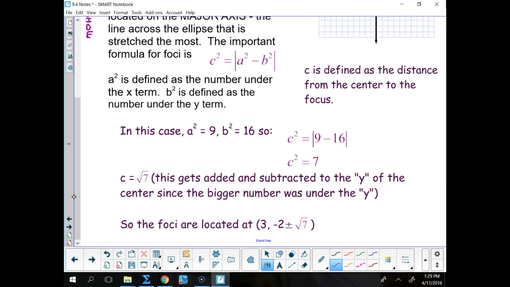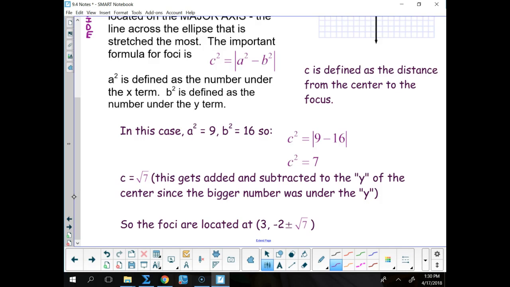Okay? That's where the two foci are located. If the major axis was horizontal, then we would have added and subtracted it to the x term. But because it was vertical, we added and subtracted it to the y term.